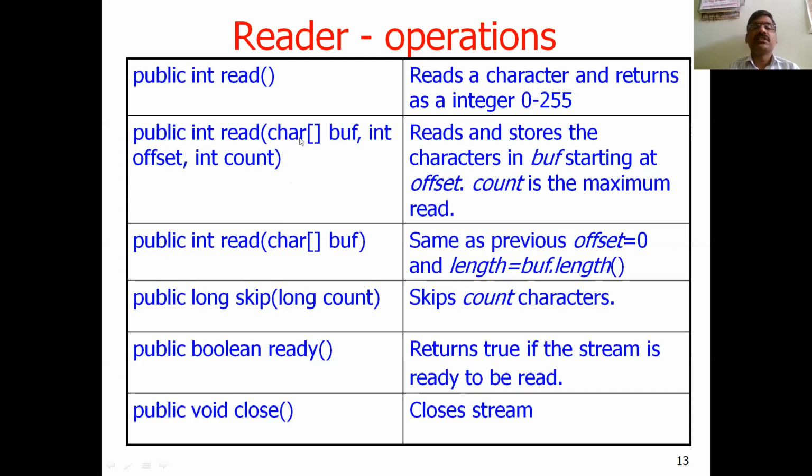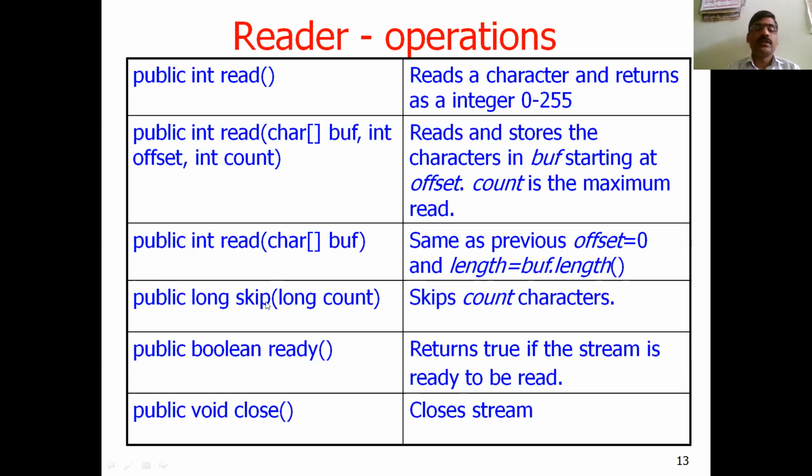That is the only difference. Everything else is the same, because we are reading in terms of characters, which are again stored in the form of ASCII codes. So in place of a byte array we are making use of a character array, and the same read method can be used.